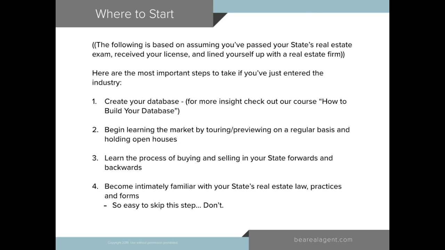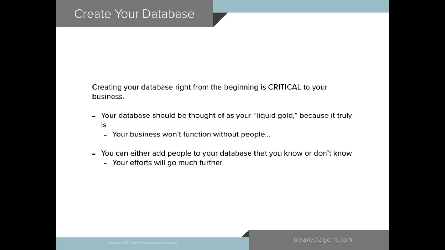So let's run through these 4 where to start categories really quickly. First, create your database. So right from the beginning, you need to have some people to get in touch with. And it's truly critical to your business because we see it here at Real as your liquid gold. Your business won't function without people, and it is the true source of your income.